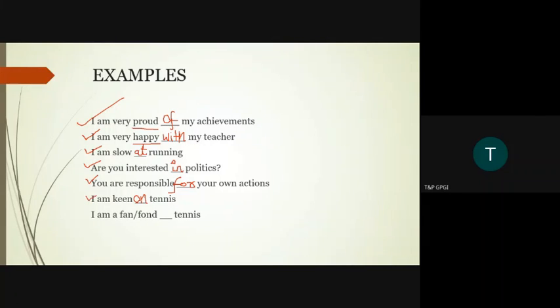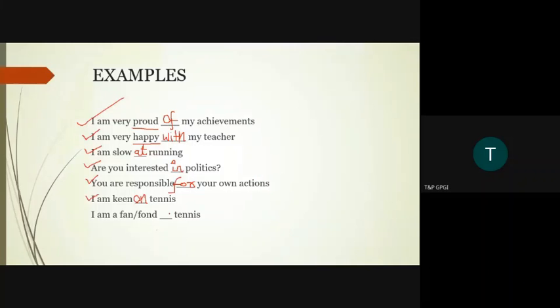Okay, I love tennis, so it means that I'm keen on tennis. So on is the right preposition over here, and keen is the adjective. Then the last example that I have written for you guys is: I am a fan dash tennis.